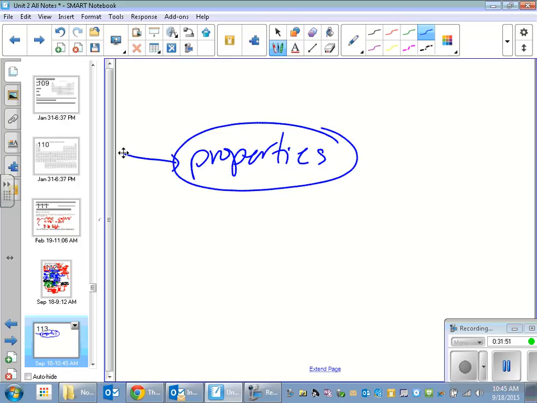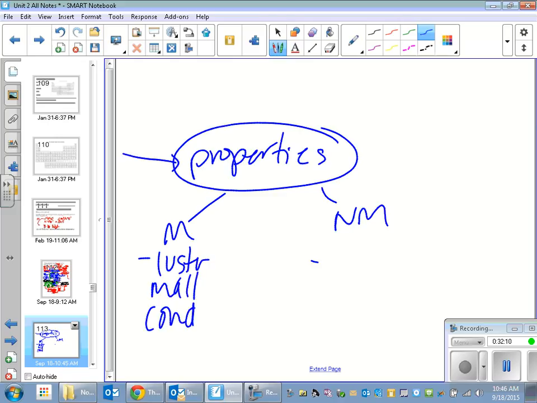Okay, so properties of metals and nonmetals. Give me a couple. Yeah, shout them out. Luster. Okay, shiny. What else? Malleable. What else? Conductive in their solid states.